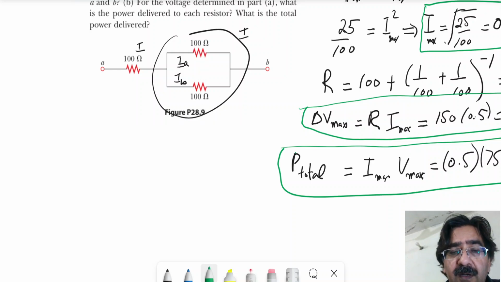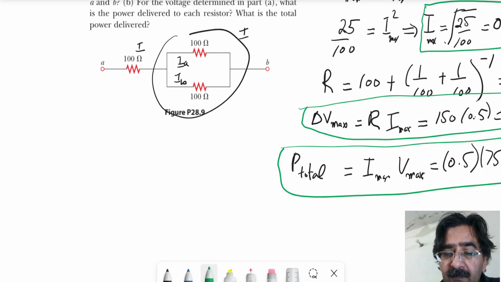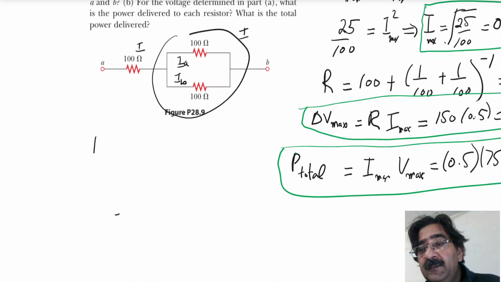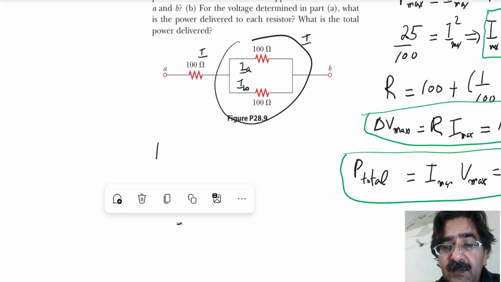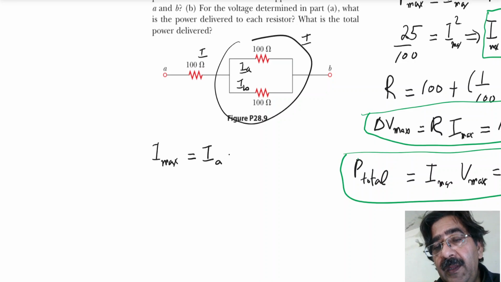For PA, as we know, this maximum current is divided into IA and IB.